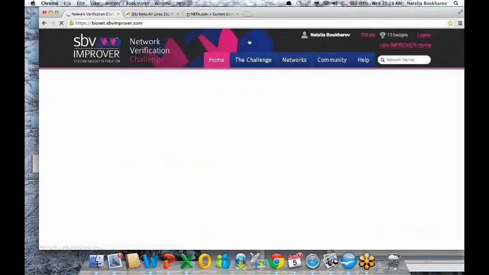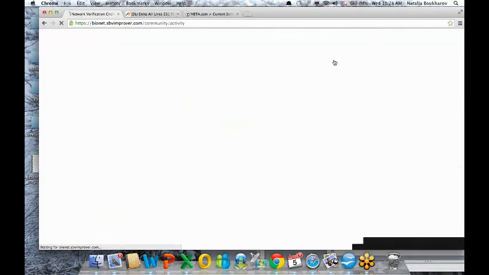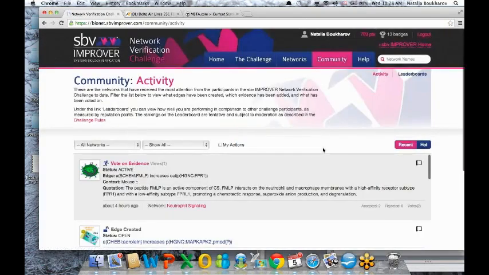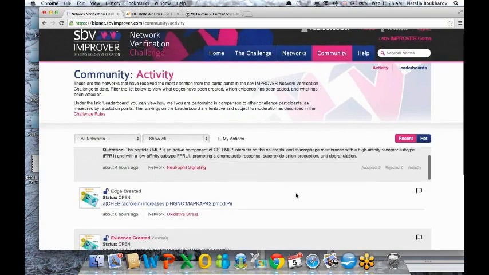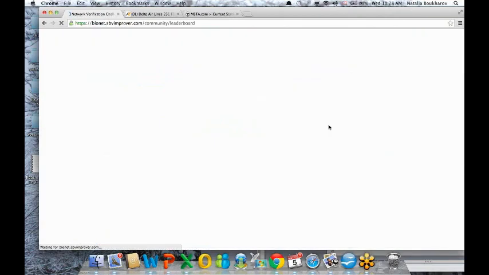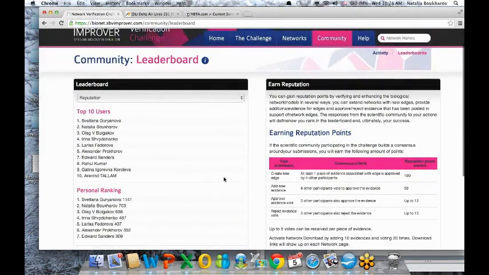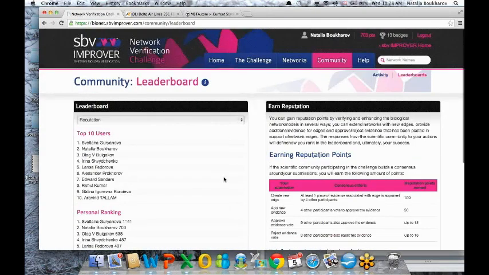So back home, we have the challenge rules, we have all of the networks, we can see what's going on with the community, and participants can also see what other people are contributing, and they can vote on what other people have added. And you can also see the leaderboard, so each participant can see where they stand in this competition.